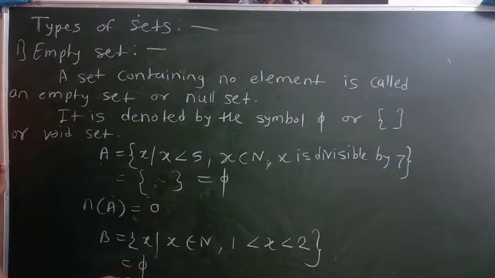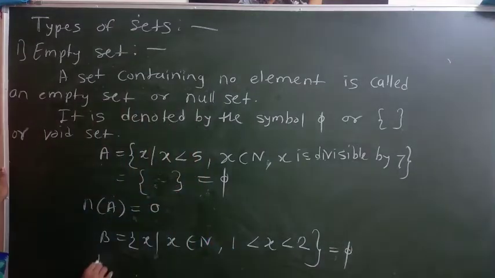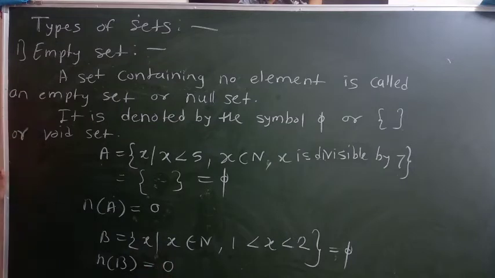Here also total number of elements in set B are 0. There is no any element present in that set. So this is your empty set. ज्या सेट मध्ये एकही एलिमेंट नसेल तर अशा सेटला आपण काय म्हणणार तर एम्प्टी सेट म्हणणार.